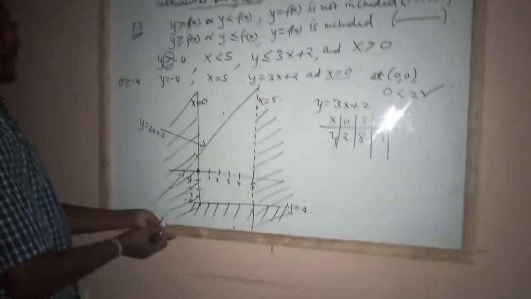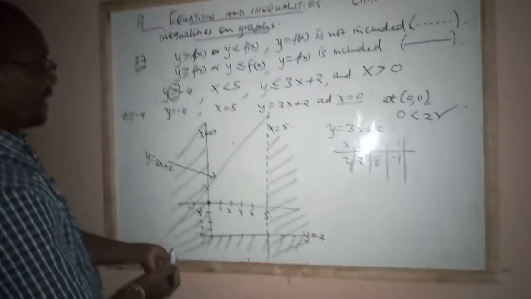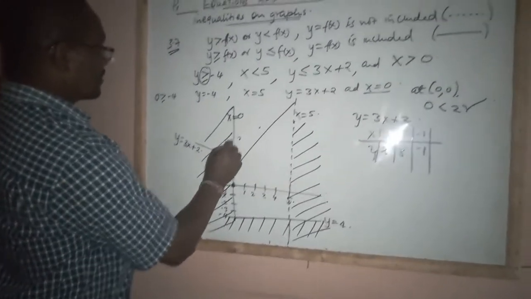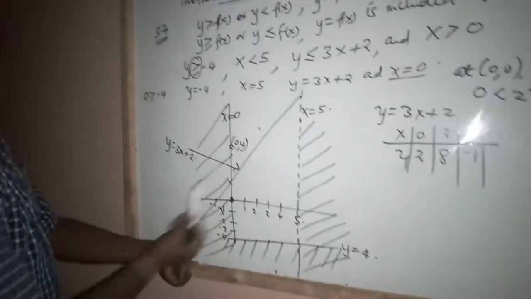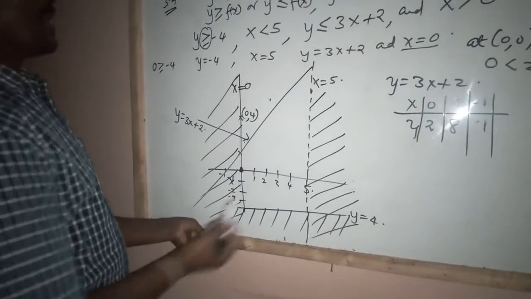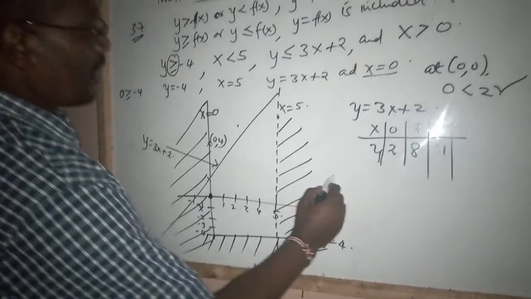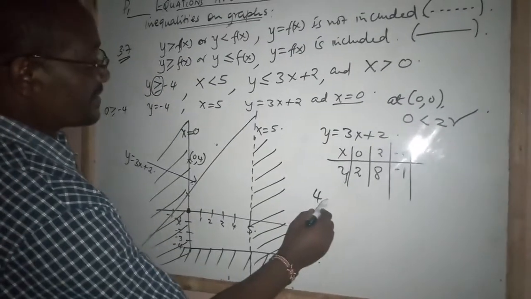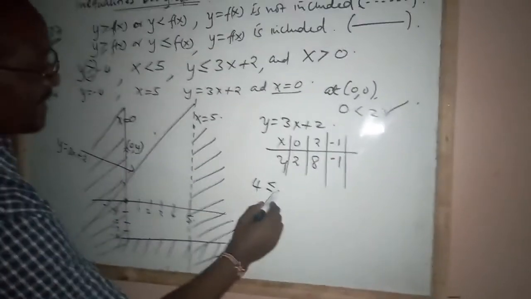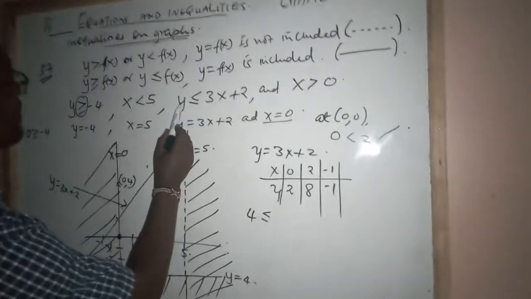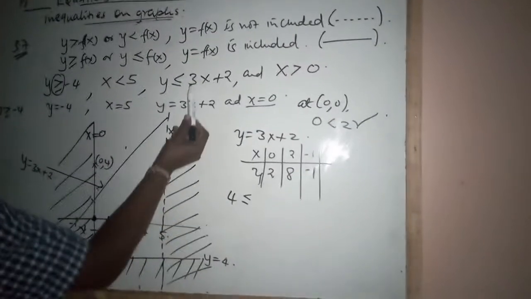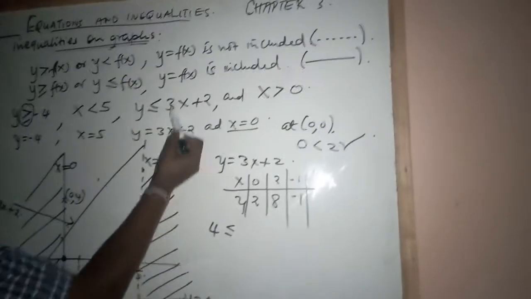But let's go to a point like this one, which could be 0, 4. At this particular point, x is 0 and y is 4. Let us substitute. Is 4 less than 0 plus 2? Y is 4, and 4 is less than 0 plus 2 because x is 0.